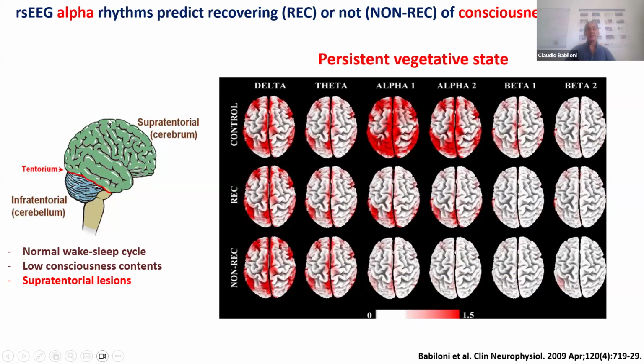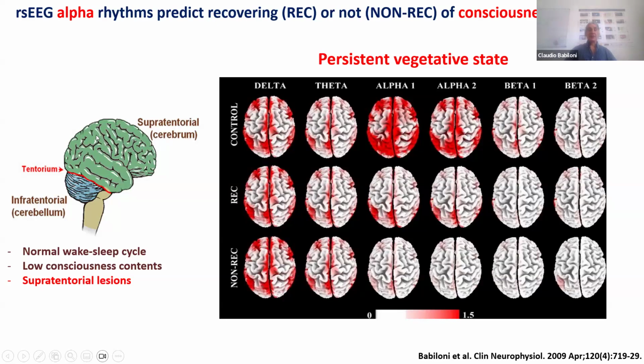You see in the left side an encephalon, the tentorium line, upper the brain, in this case the right hemisphere, under the tentorium the cerebellum, and the brainstem.